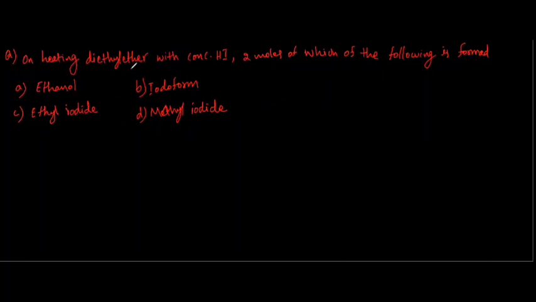On heating diethyl ether with concentrated HI, 2 moles of which of the following is formed? Options: ethanol, iodoform, ethyl iodide, methyl iodide.